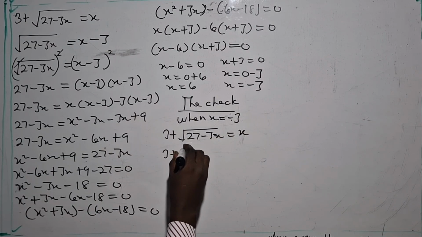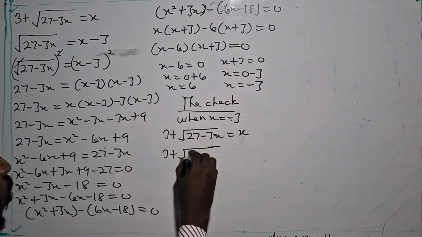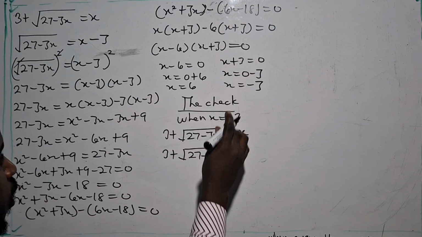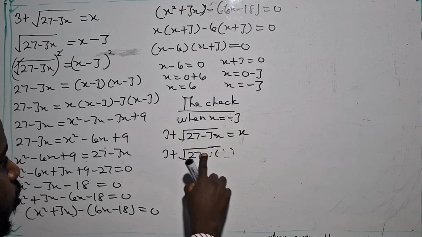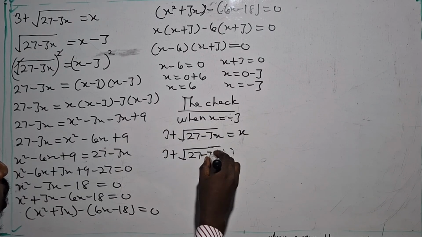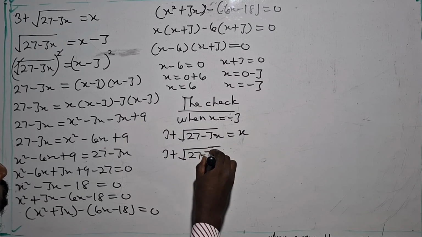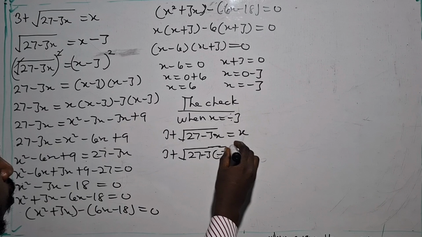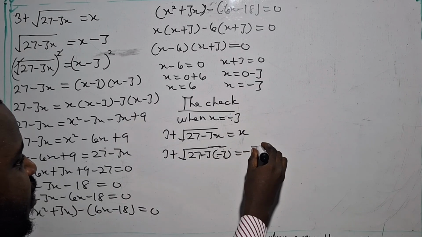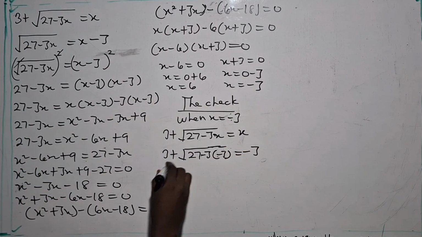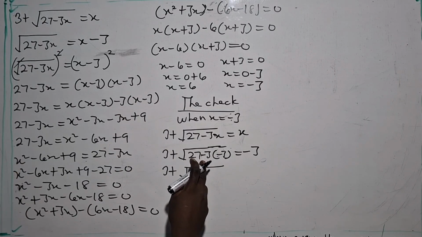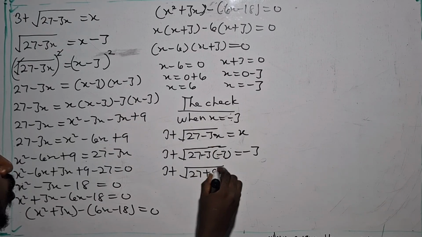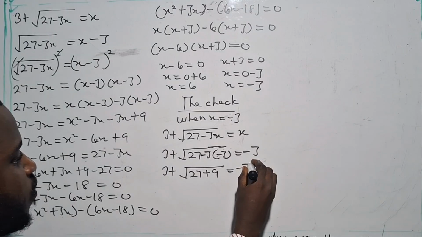So now I have 3 plus the square root of 27 minus 3 times negative 3 is equal to negative 3. So we have 3 plus the square root of 27 plus 9 equal to negative 3.